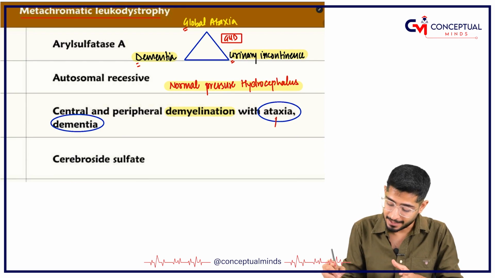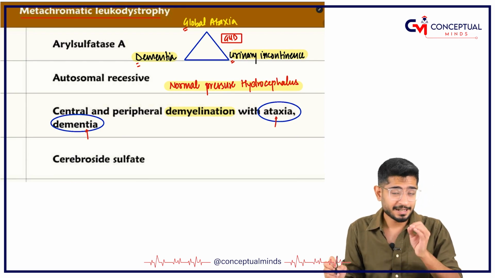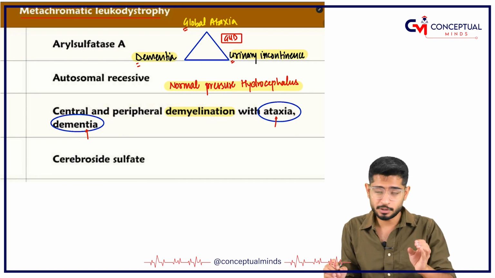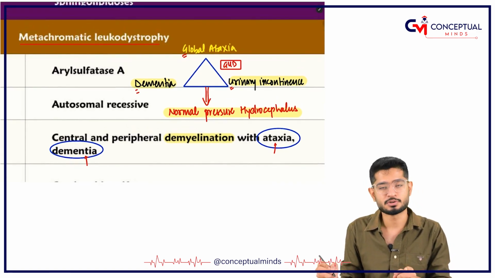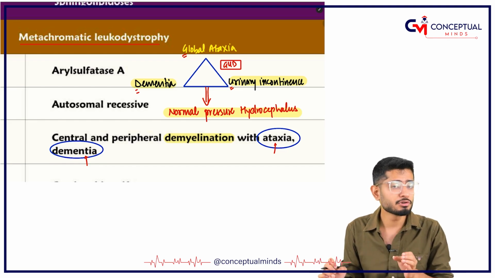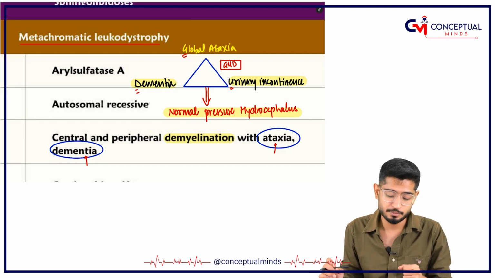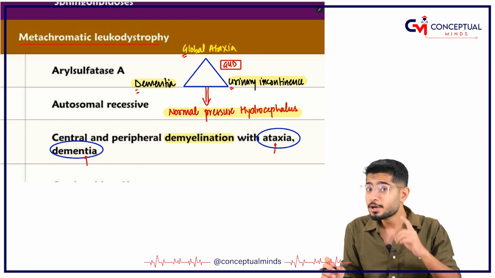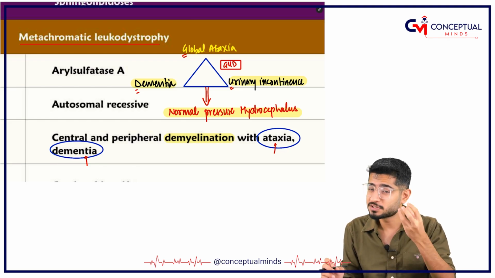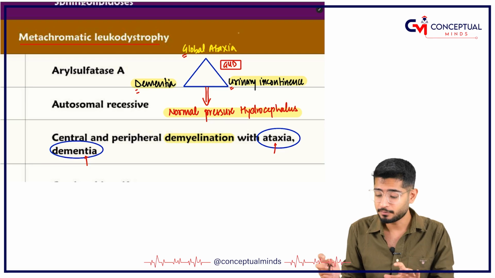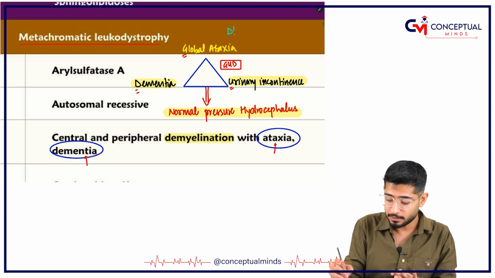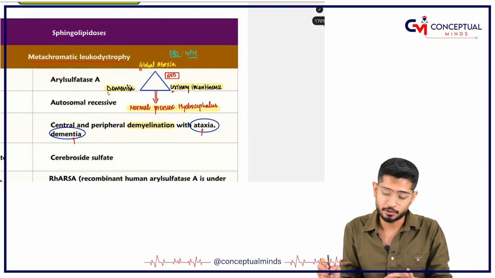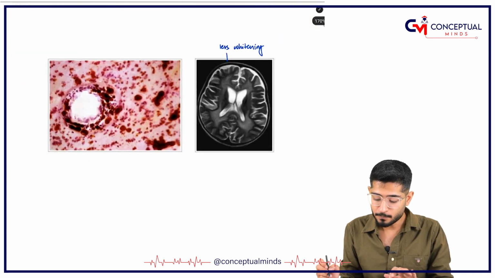Can you see, there is ataxia, there is dementia. So ataxia and dementia are common between the two. If you have urinary problems, then the diagnosis will be normal pressure hydrocephalus, but if there is no urinary problem, the problem is going to be metachromatic leukodystrophy. Just the urination thing can make a lot of difference. So this is a differential diagnosis for metachromatic leukodystrophy.